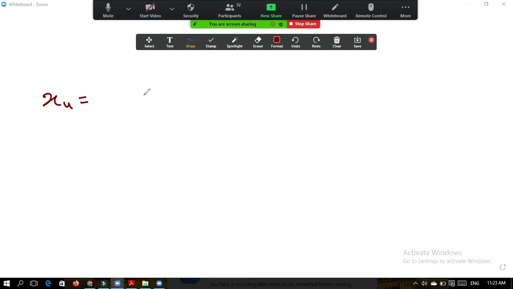Xu is equal to, if I directly write the formula, then it will be 0.87 into Fy. So our Fy is what? Fe 415 or Fe 500? 500, into 1256.63.